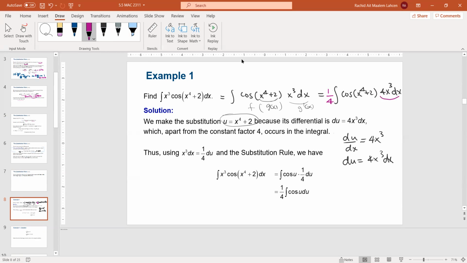So now we can see that I have the du there, and I have the u. So this is a u and this is a du. So now in the integral, we have a cosine of u times a du, right? So let's rewrite this to match.